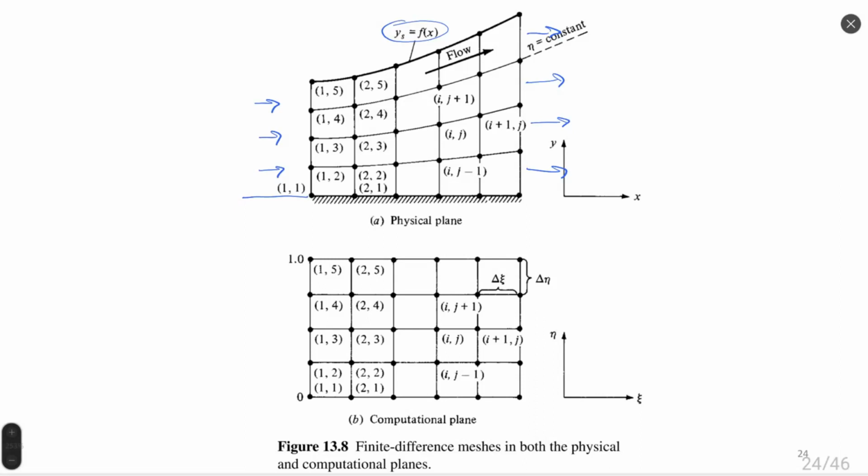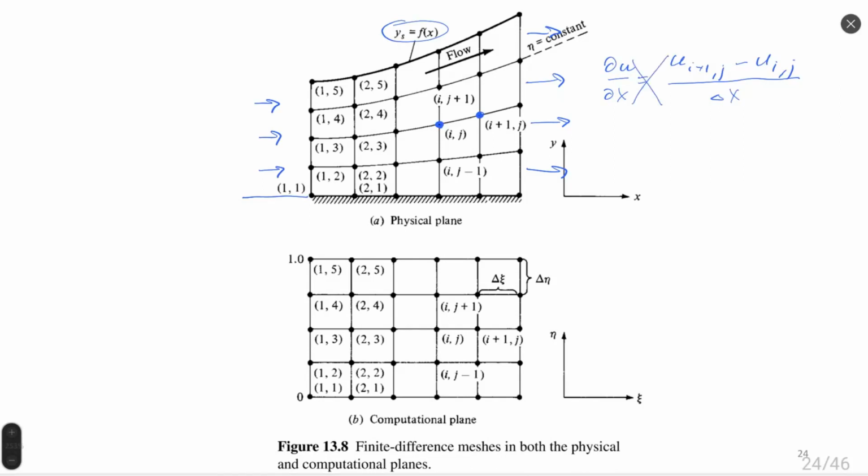So we cannot use directly the definition of a derivative, for example, taking two discrete points and calculating the derivative. For example, if I'm looking at this central point and the next point, and if I try to write that my du by dx would be equal to u i plus 1 j minus u i j divided by delta x, this would not be correct anymore.